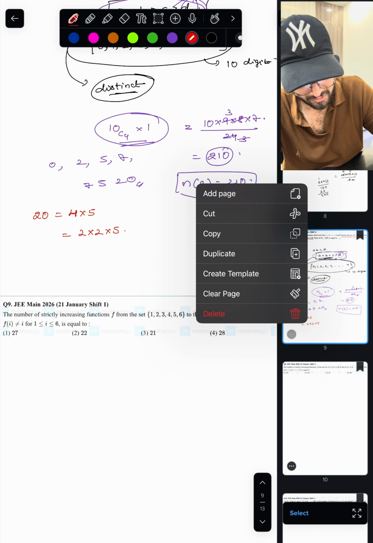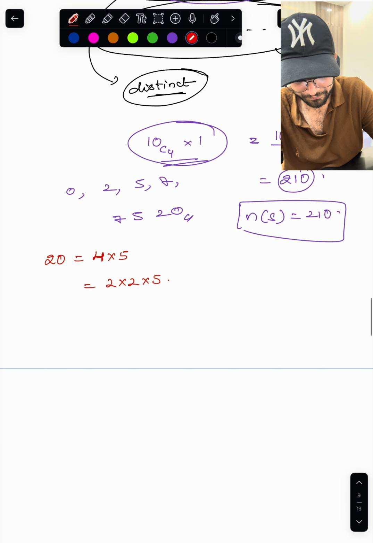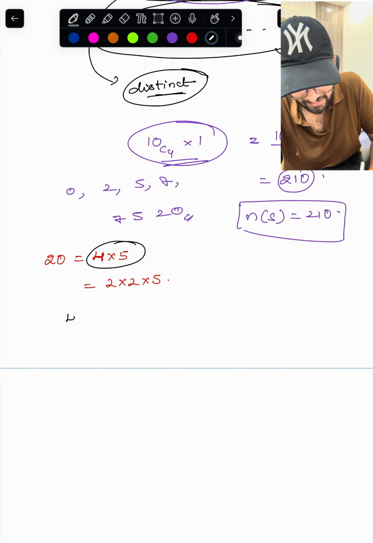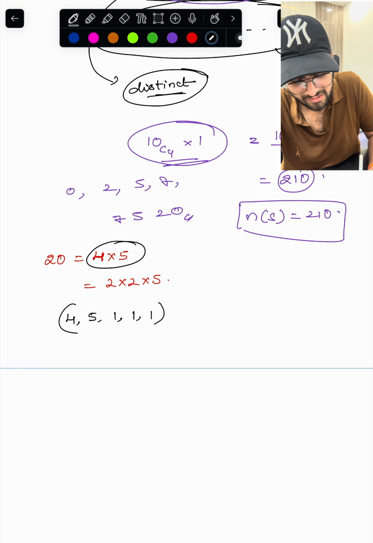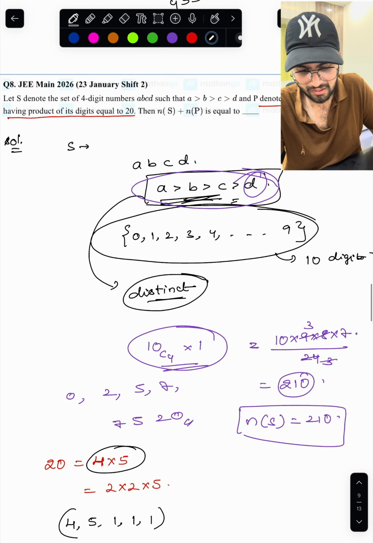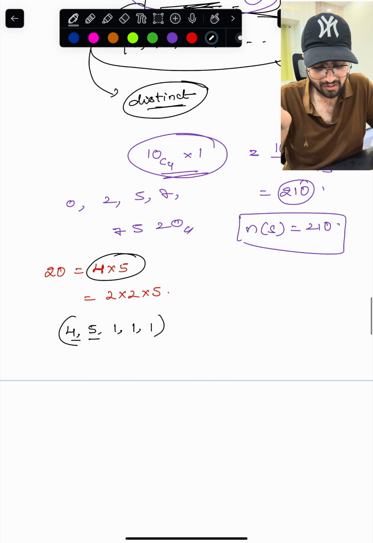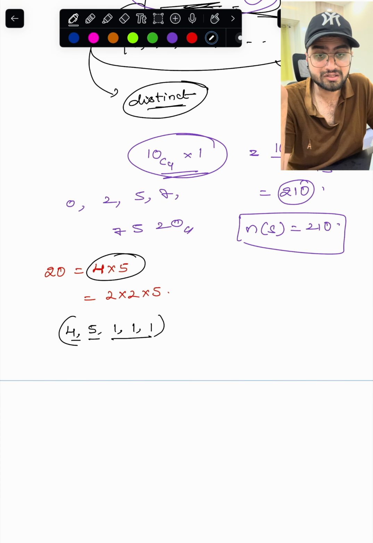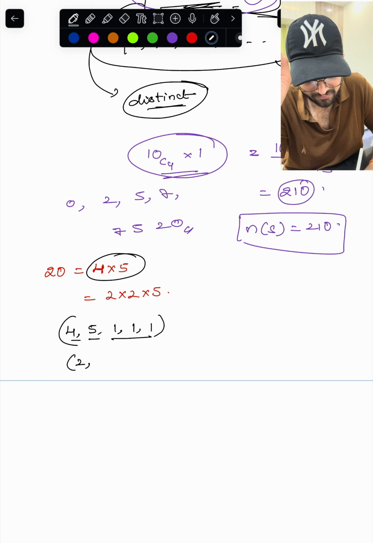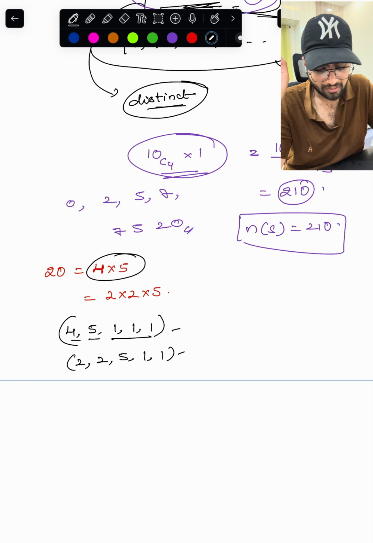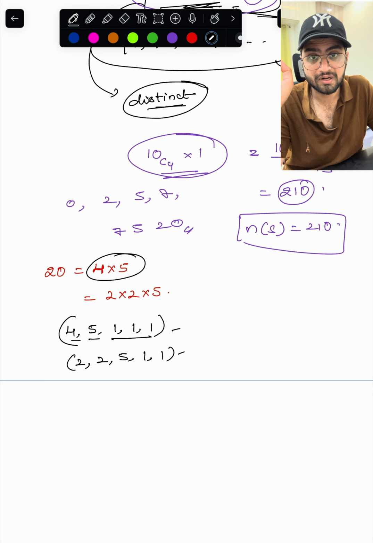So I can select 4, 5 and everything else can be 1. I need 5 digits, and their product has to be 20. So if I select 4 and 5, the rest should be 1s. Otherwise, I can select two 2s, one 5 and the rest can be 1 only, right? So these are the possible options for us.